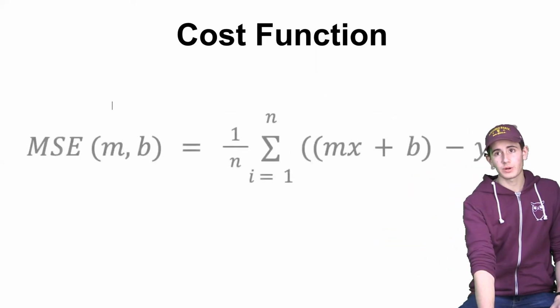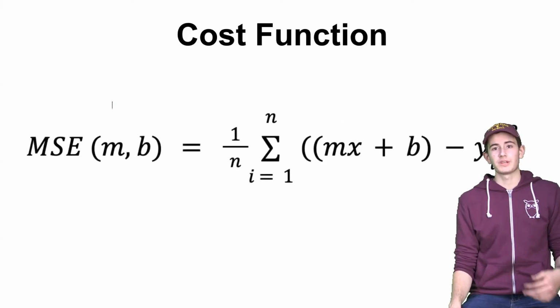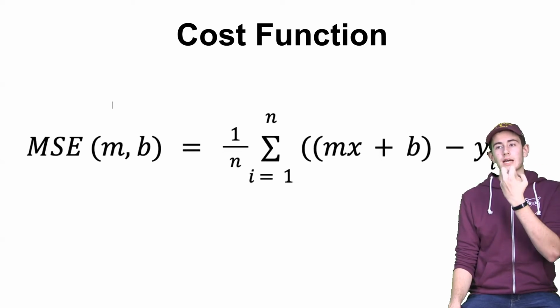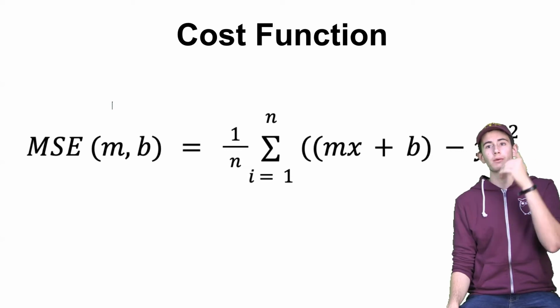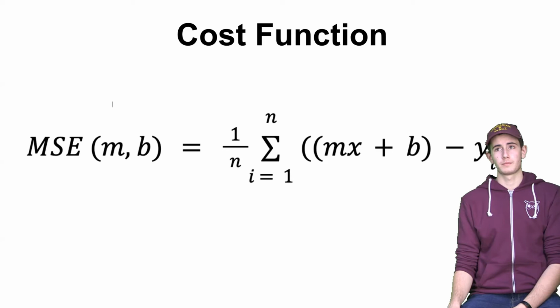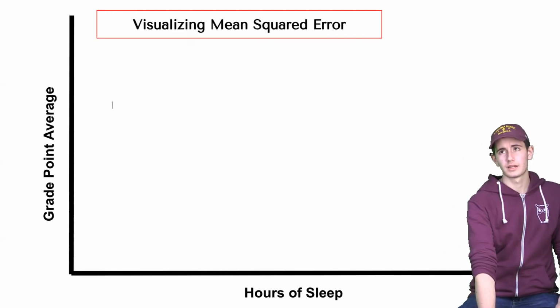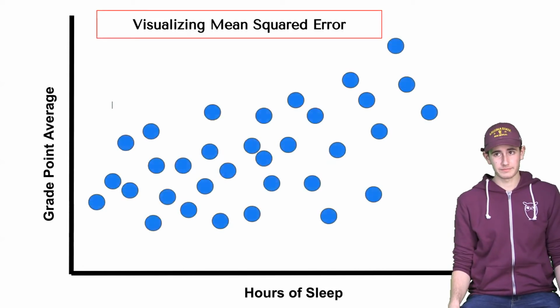So mean squared error can really be formulated as a function of m and b, where mean squared error equals 1 over the number of samples times the sum of mx plus b minus our ground truth, squared.